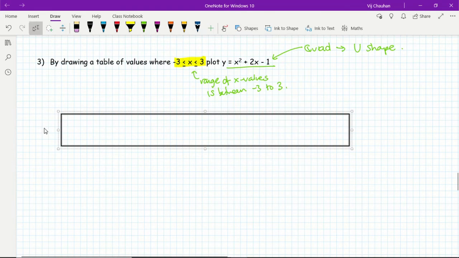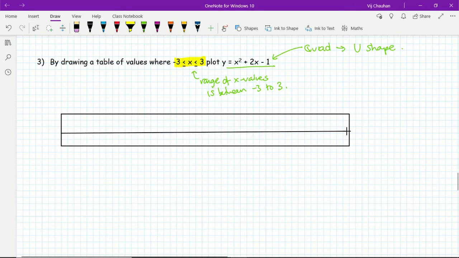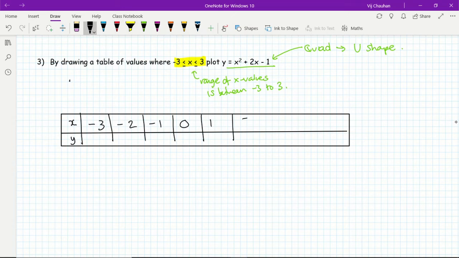And let's just draw a line straight through that. And I'll do the rest freehand. So from this, I've got my x values, and I've got my y values. I'm going to start from -3 and kind of got a bit over, but that's not a problem. So that's my table of values drawn.